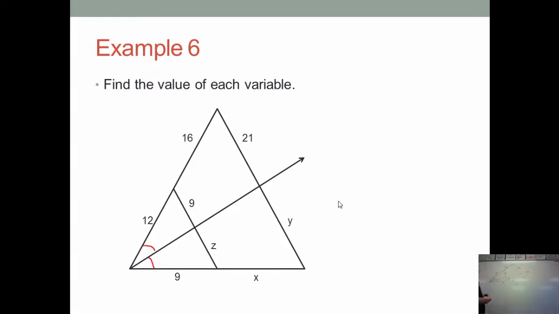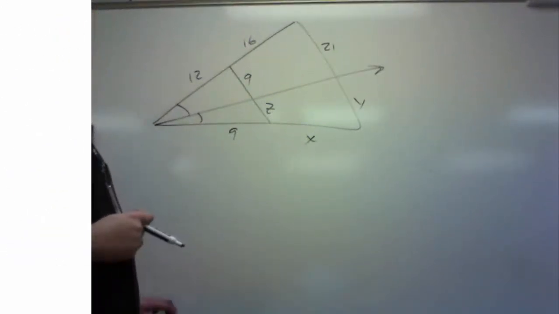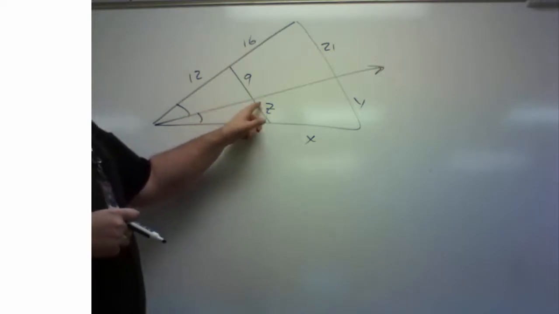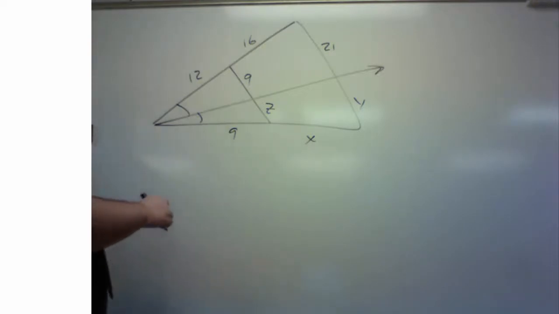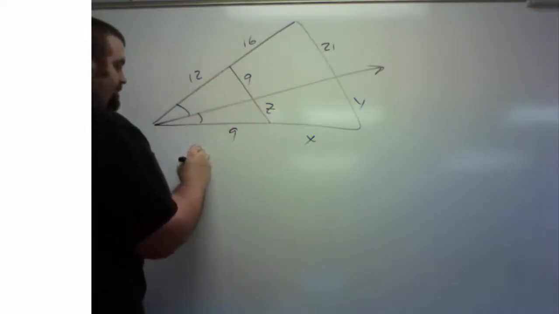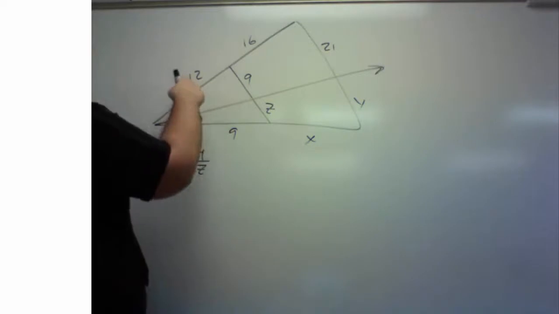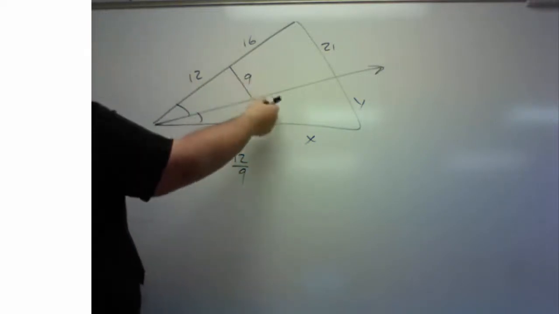Alright, so I look at this. The first part that I'm probably going to do here is try and find z. That'll be the first part I do. To do that, I'm going to do 9 to z equals 12 to 9.